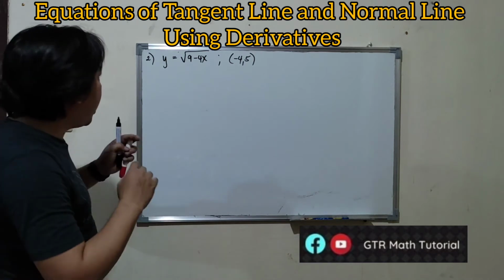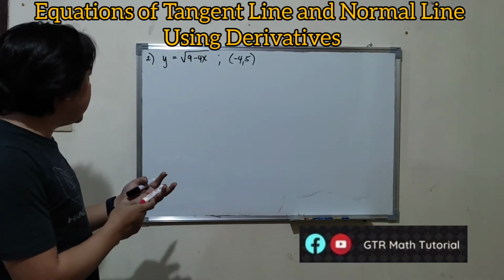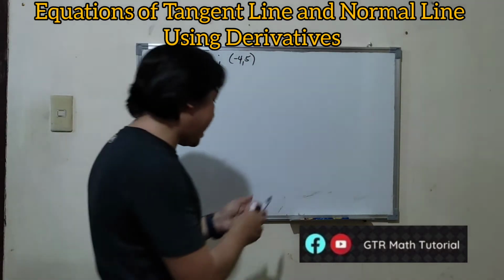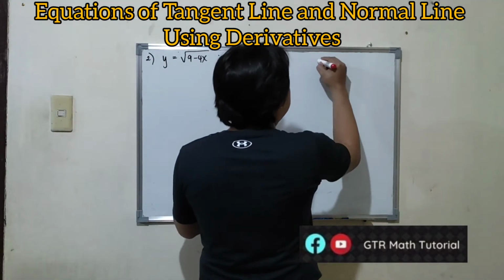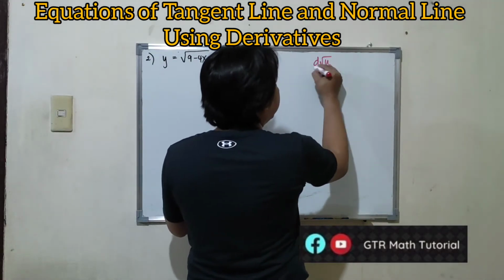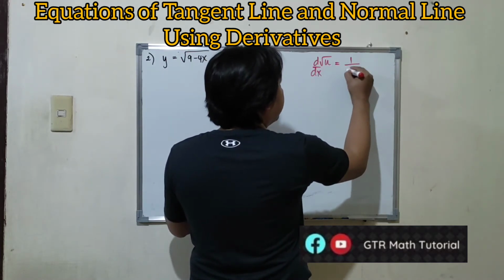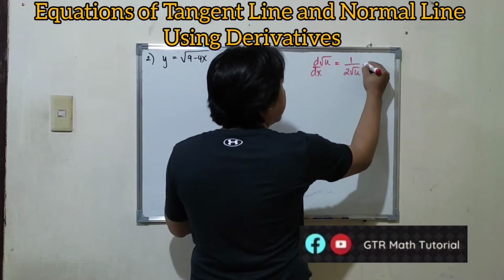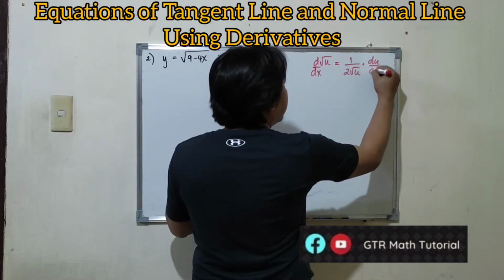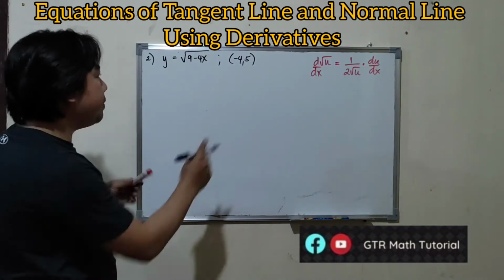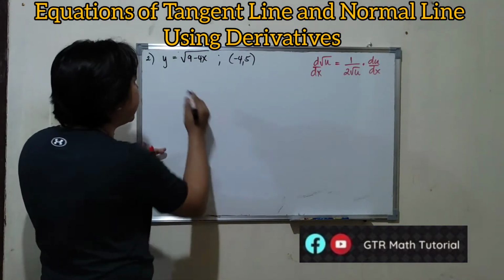So we have a formula for the derivative of square root. The derivative of the square root of u with respect to x is equal to 1 over 2 square root of u times derivative of u with respect to x. So apply that formula to get the derivative, to find the slope of the tangent line.